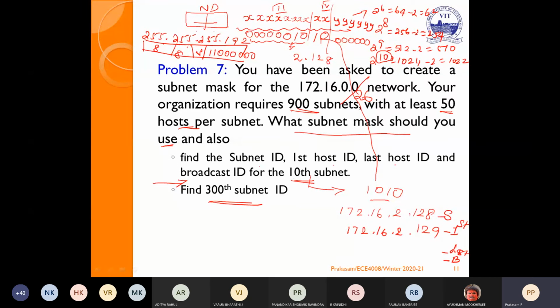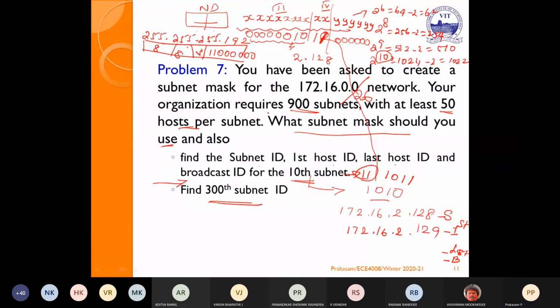Compute the subnet ID for the next subnet, then minus 1. That is the broadcast for the previous subnet. I need the broadcast for the 10th, so compute the subnet ID for 11. The binary is 1011, so 1011 followed by 6 zeros.